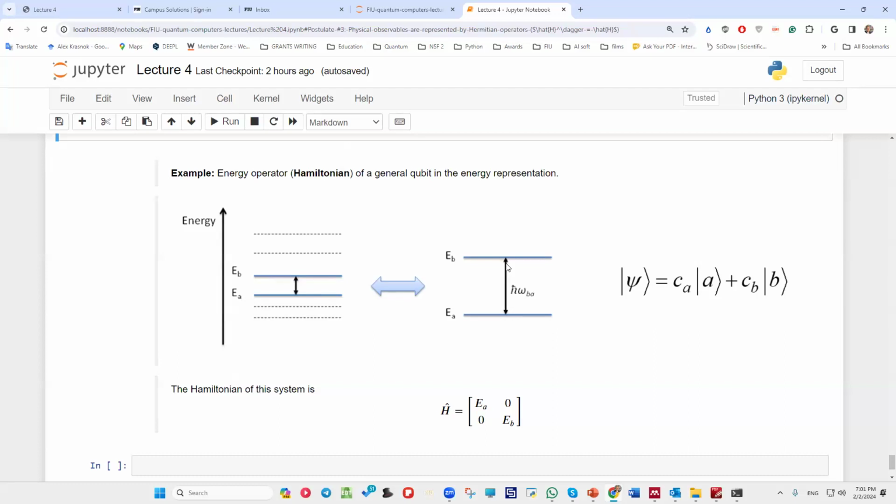However, if I'm interested in energy, and if I'm working in the energy representation, so I measure the energy in the system, right? Then I immediately say that the energy of this eigenstate is EA, which is the eigenvalue, that is associated with this lower eigenstate. And the energy of the upper state is EB, the energy of the excited state.